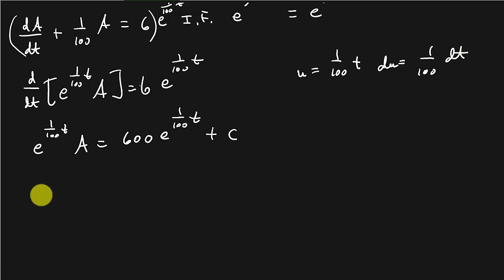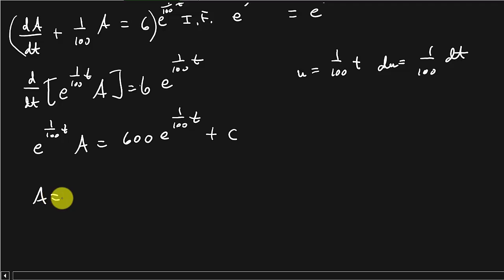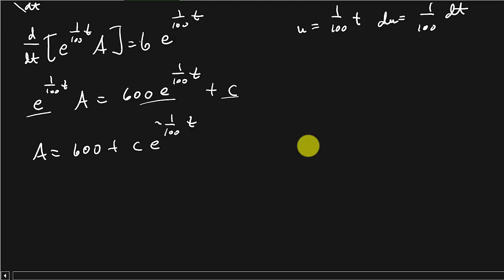So we're going to get A is equal to 600 plus c e to the, oops, negative 1 over 100 t. We just divided both sides by e raised to the 1 over 100 t.